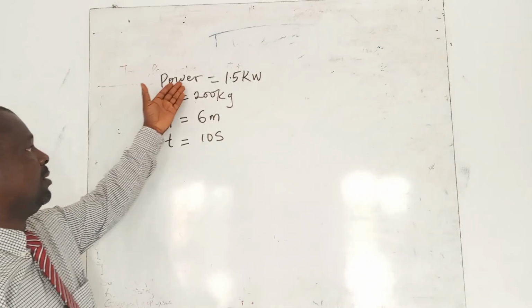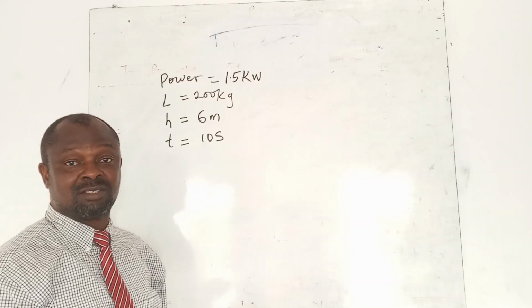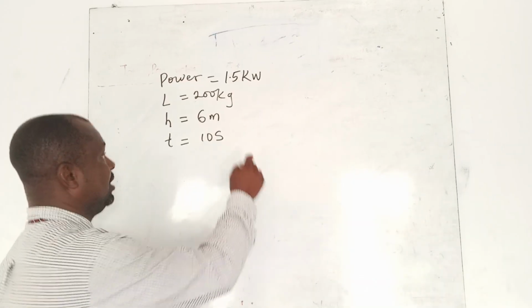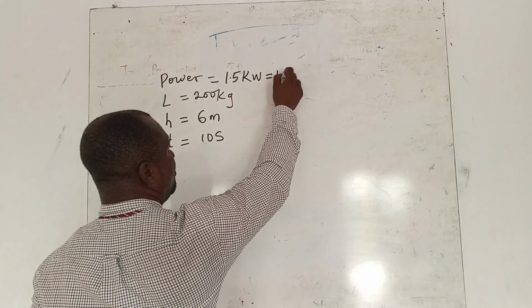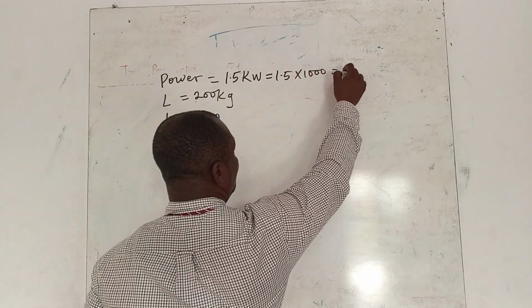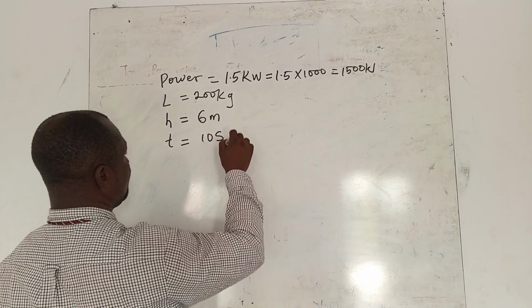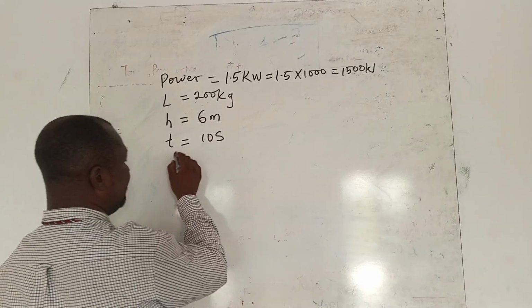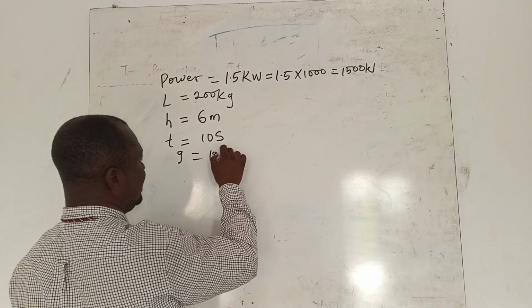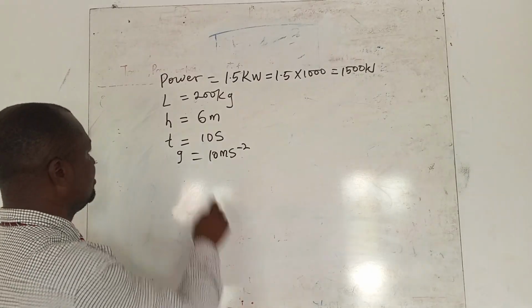Power is 1.5 kilowatts. We are going to convert the kilowatts to watts, and that will give us 1.5 times 1000, which is equal to 1500 watts. We're given g to be 10 meters per second squared. The load is 200 kg.